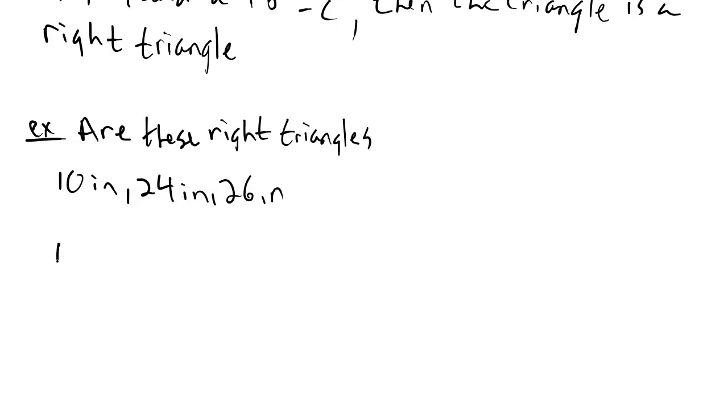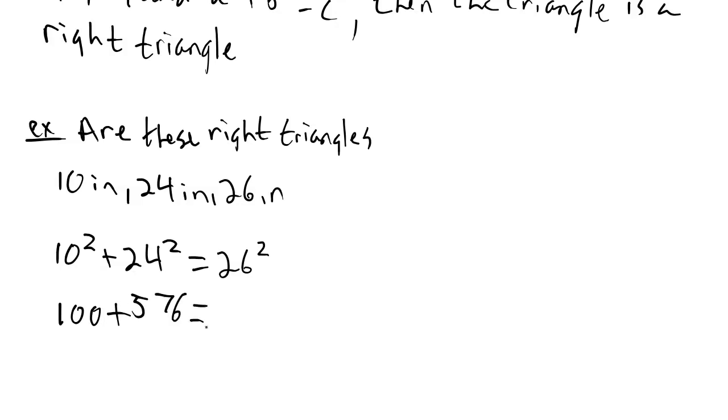We'd say, well, is 10 squared plus 24 squared equal to 26 squared? So we pull out our calculators. We'd see that that's 100 plus 24 squared, which is 576. Is that equal to 26 squared, or is that equal to 676? So 100 plus 576 does equal 676. This is a right triangle.